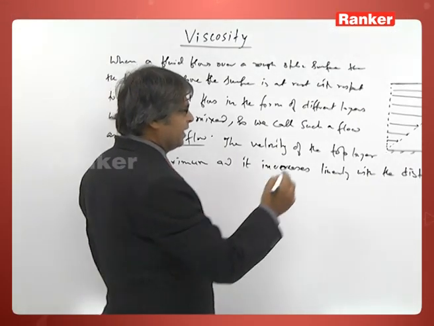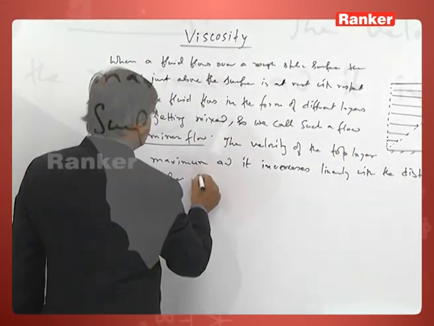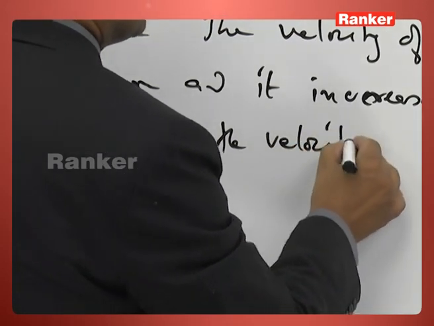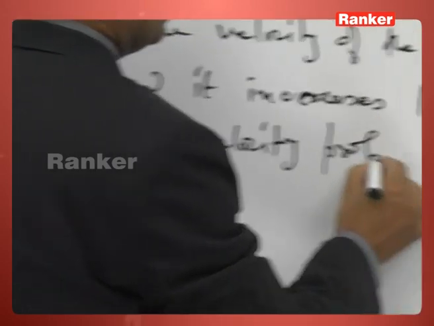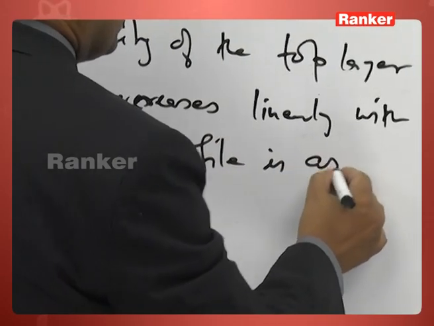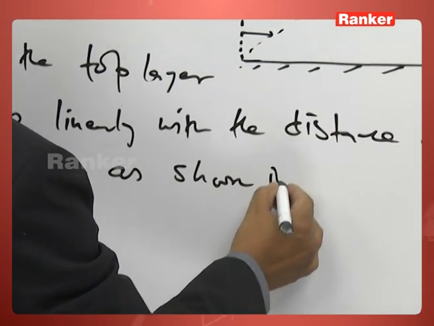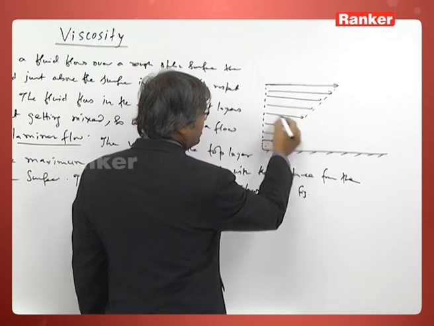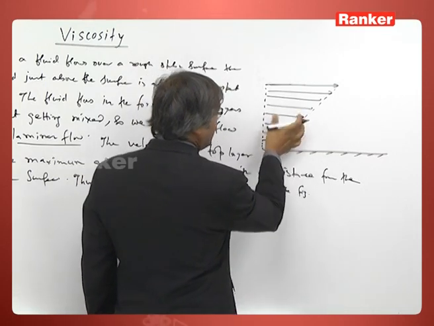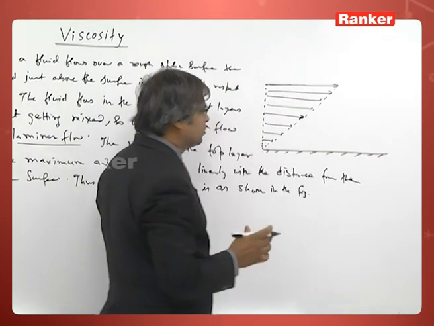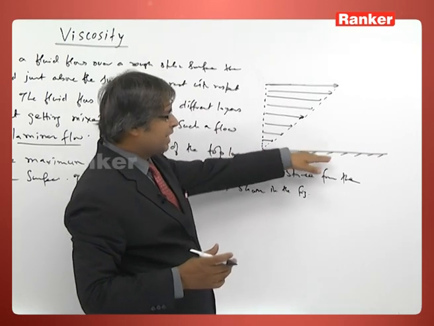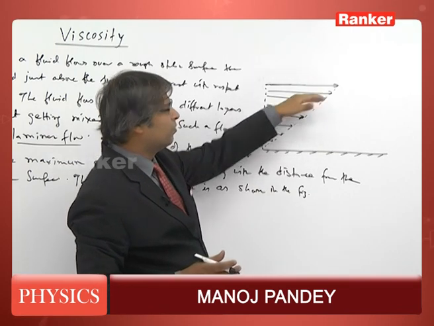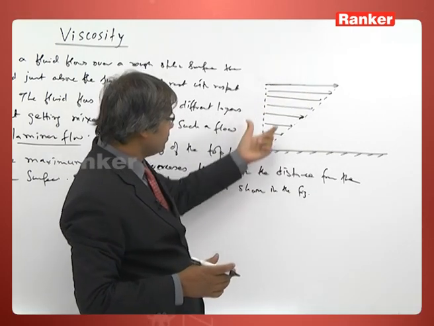So, you can see that the velocity profile is as shown in the figure. You can see these different layers; the magnitude of these lines shows the velocity. The layer just adjacent to this surface is at rest, and as you go away the velocity increases.